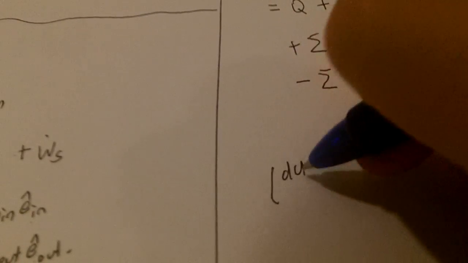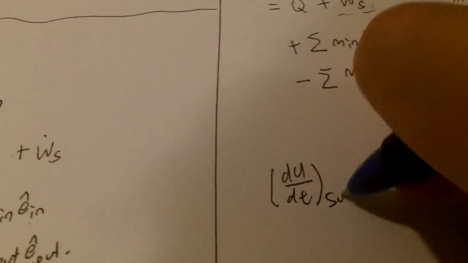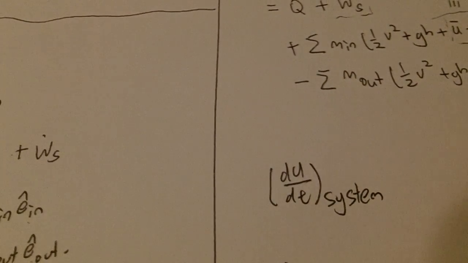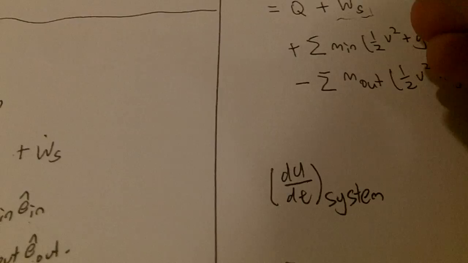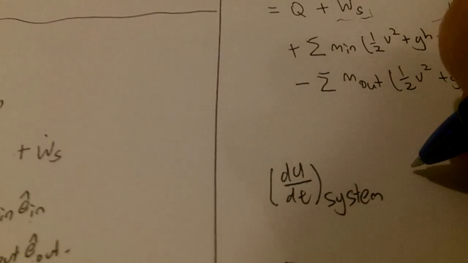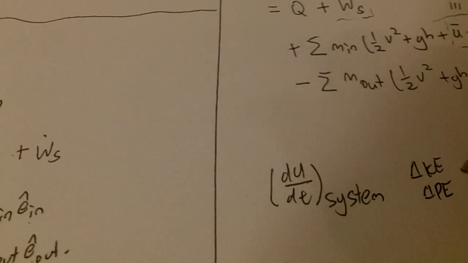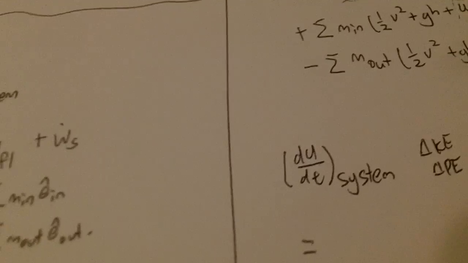So let's rewrite our equation. dU/dt of the system, the rate of accumulation of internal energy of the system, assuming the system's KE and PE are negligible in terms of change.